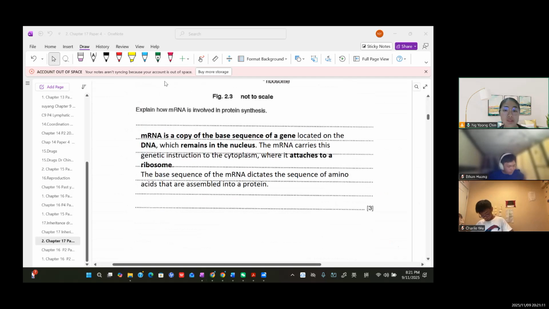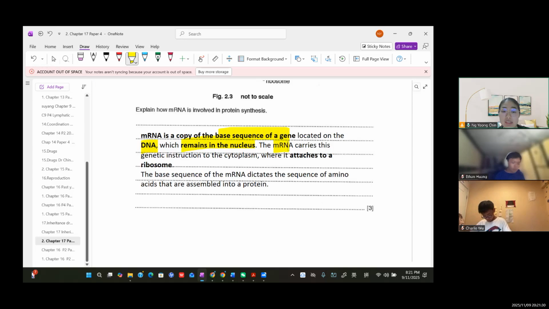So you should say that inside the nucleus, they contain the DNA. The DNA has the base sequence of the genes found inside the nucleus. So what they do is they produce a messenger RNA.